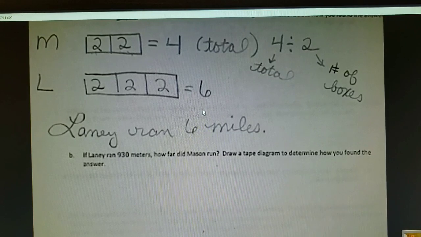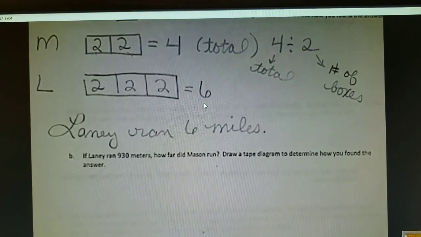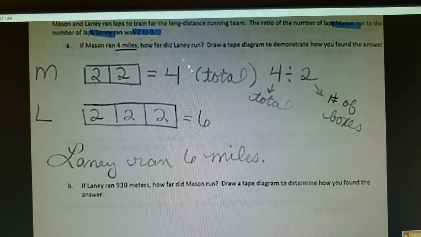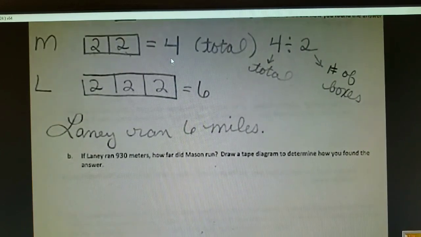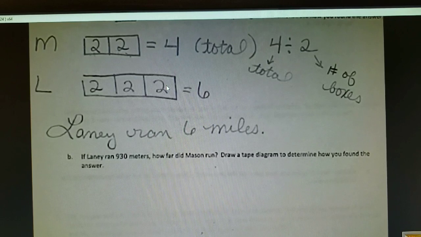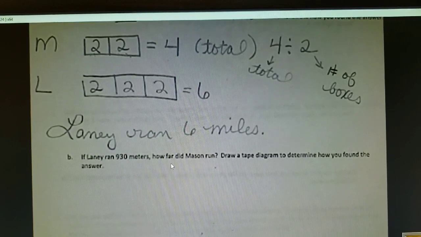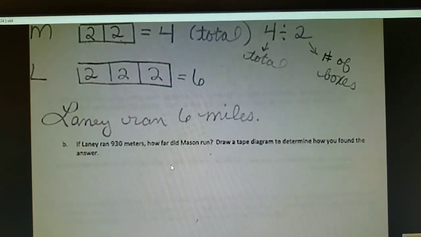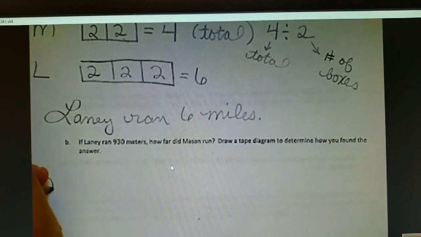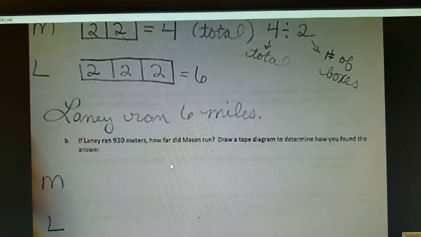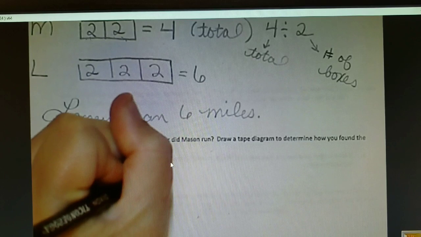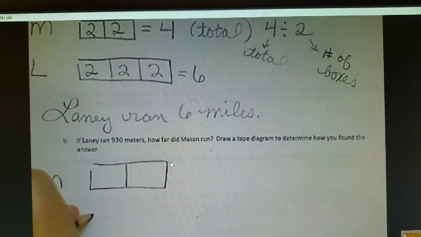Remember, when we're doing this, A, B, C, they are all based off of our initial ratio. That's not going to change, okay? Mason is always going to run 2/3 of what Laney ran. All right, so then we have Mason, we have Laney. Mason was 2. Laney was 3.